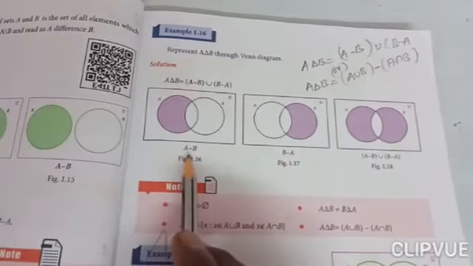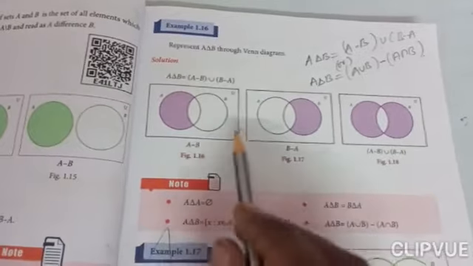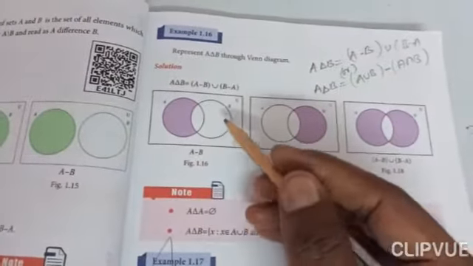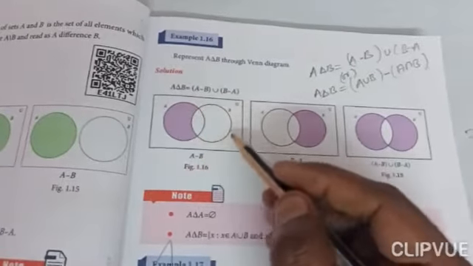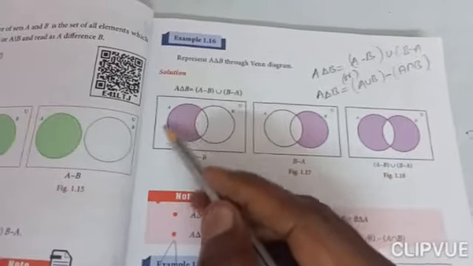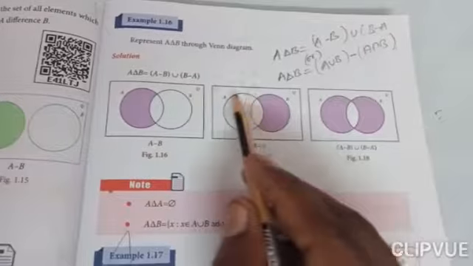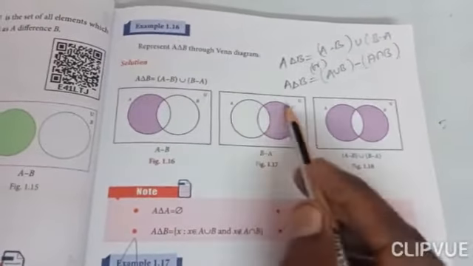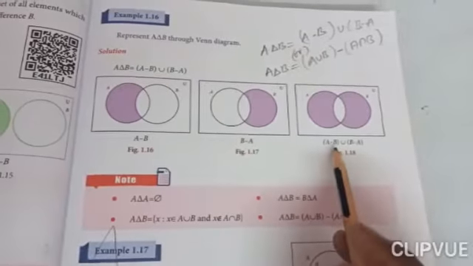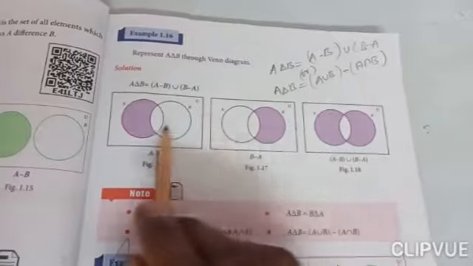First we have to draw A difference B. Many times I repeated, A difference B means you should not shade the circle B, the remaining part of the circle A. B difference A, you should not shade the circle A, the remaining part of B alone you have to shade. Finally, A difference B union B difference A, we are going to join the two diagrams.